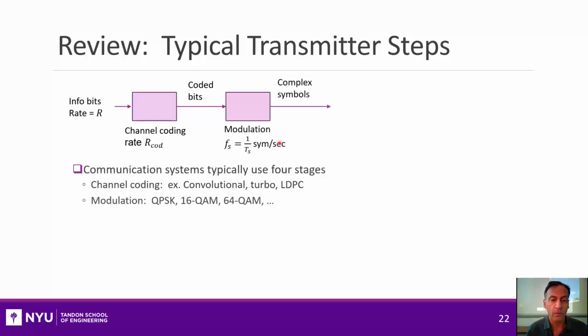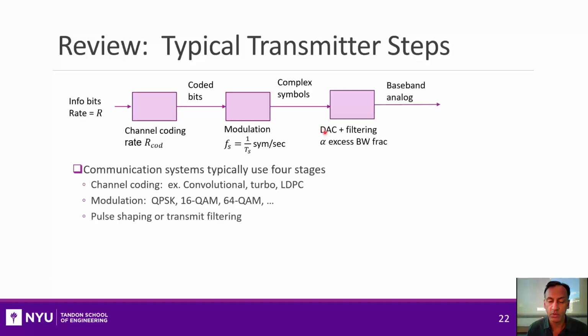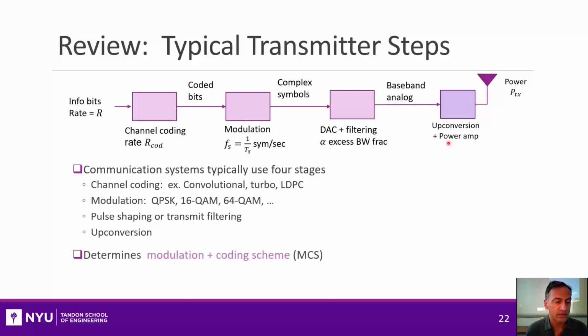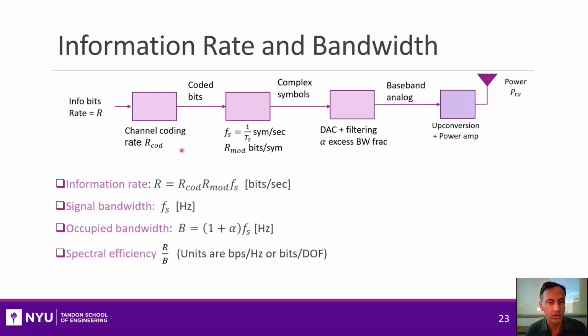We would then modulate those into complex symbols, and then we would usually do some kind of transmit pulse shape filtering and digital D to A conversion, and then finally an up conversion before we modulate that onto an antenna. The first two parts of this, the channel coding and modulation, are typically called the modulation and coding scheme, which I'll talk about more both in this section and the next unit.